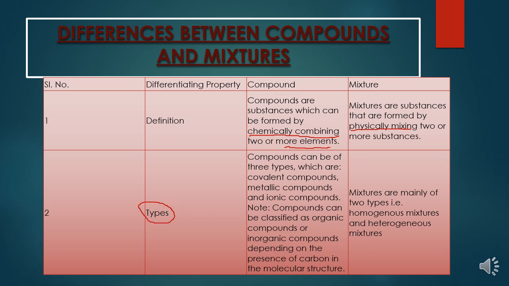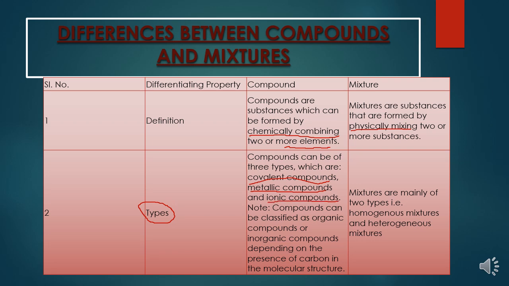The other difference is in their types. A compound exists in three types. Number one, covalent compounds, which means that non-metallic atoms combine together to form compounds. We also have metallic compounds, where only metallic atoms combine with each other to form compounds, and also ionic compounds.